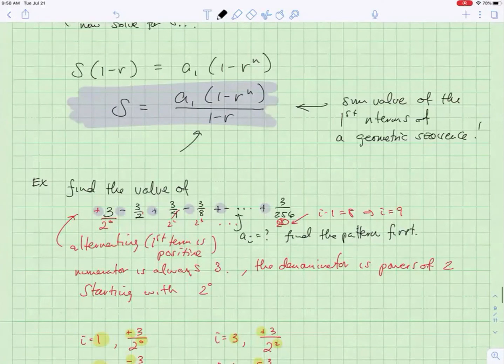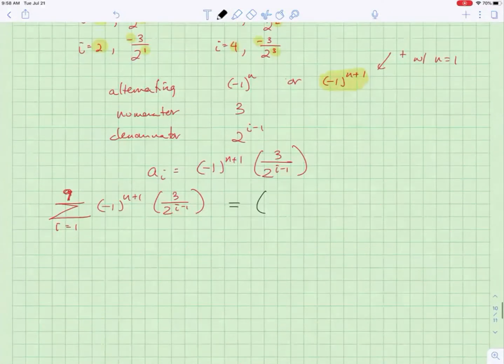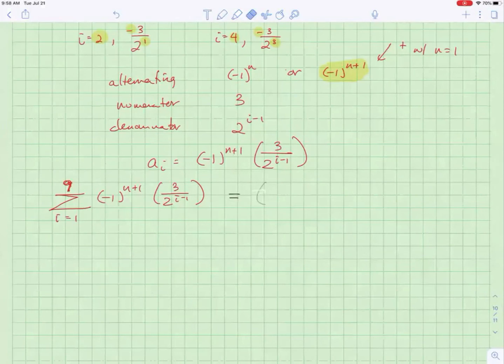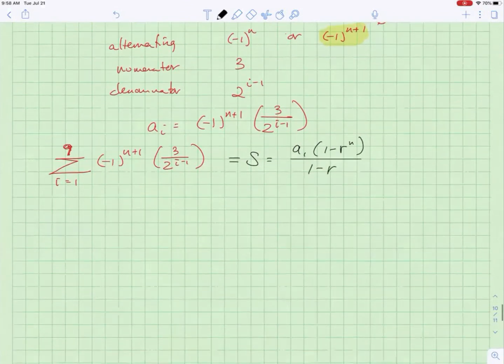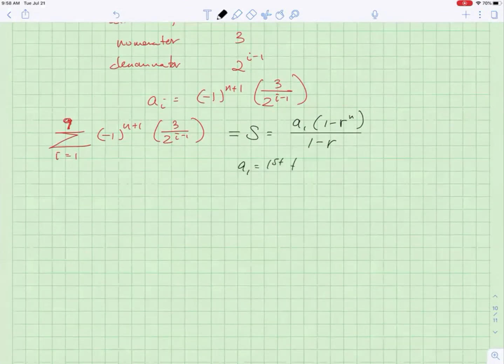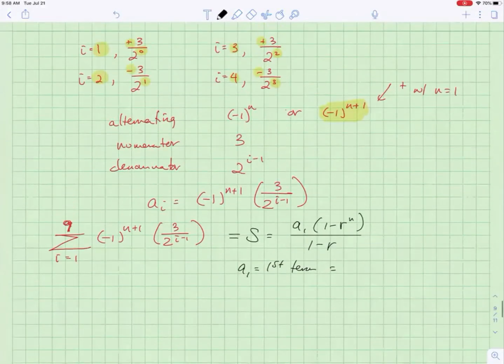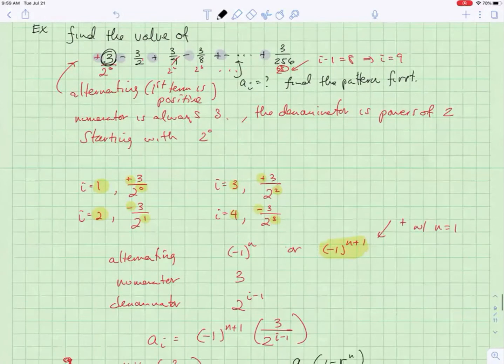This is equal to S, which is A1 times 1 minus R to the n over 1 minus R, where A1 is the first term, which in this case is 3.